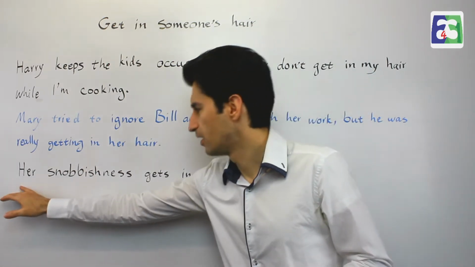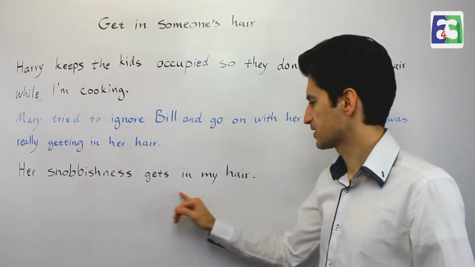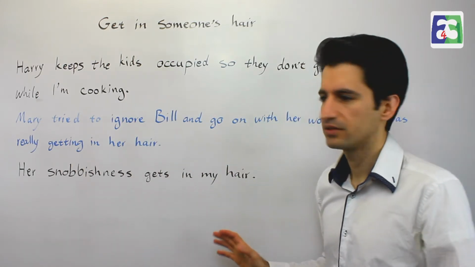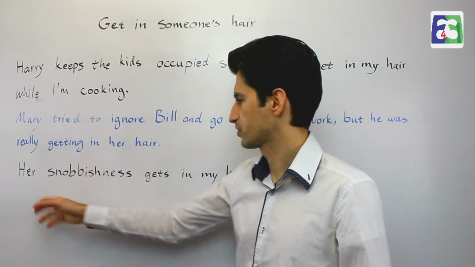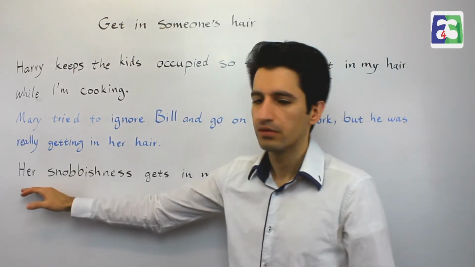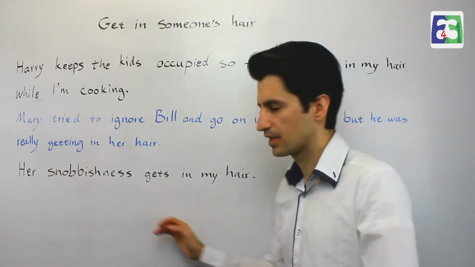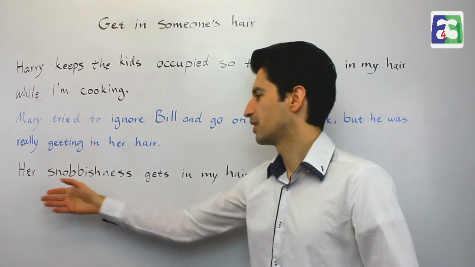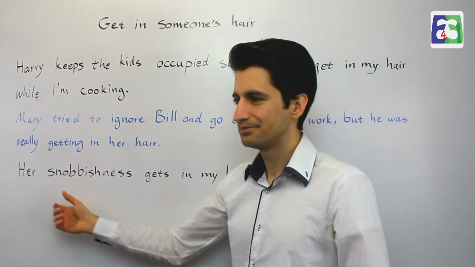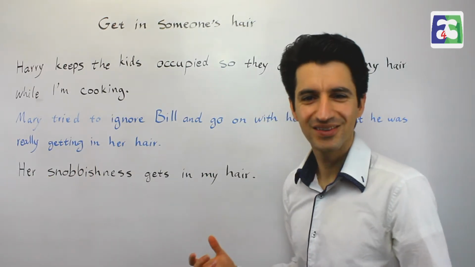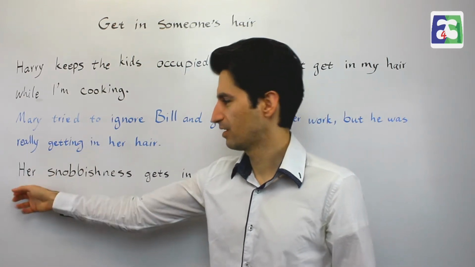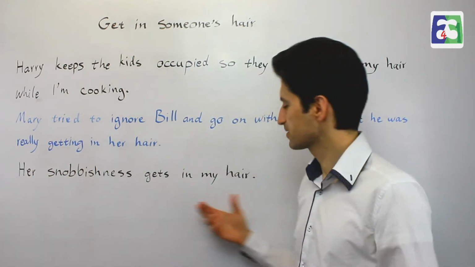And over here, I've got her snobbishness gets in my hair. I just brought this one over here to tell you that this is also possible. So we can say her snobbishness gets in my hair, or her attitude gets in my hair, her behavior gets in my hair, or even her dog gets in my hair. Whatever, something which is hers gets in my hair.